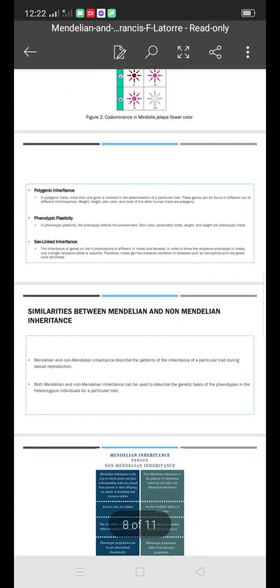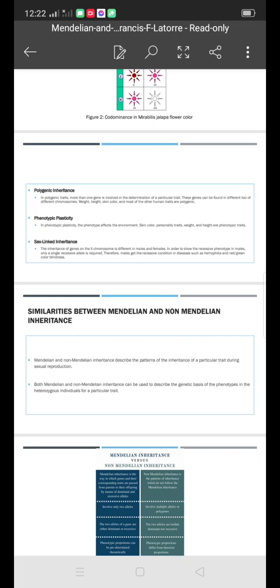We have polygenic inheritance, phenotypic plasticity, and sex-linked inheritance. In polygenic traits, more than one gene is involved in the determination of a particular trait. These genes can be found in different loci of different chromosomes.